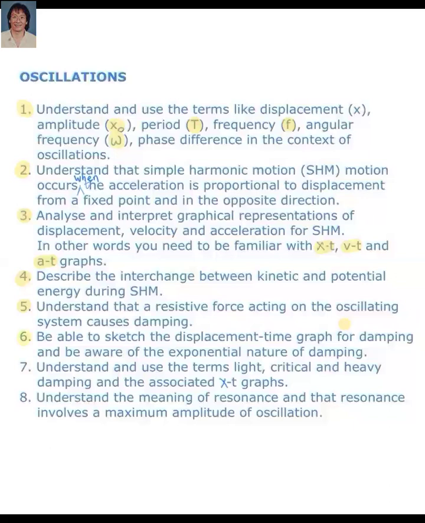Number seven, understand and use the terms light, critical, and heavy damping and the associated displacement time graph or xt graph. And finally, eight, understand the meaning of resonance, and that resonance involves the maximum amplitude of oscillations.